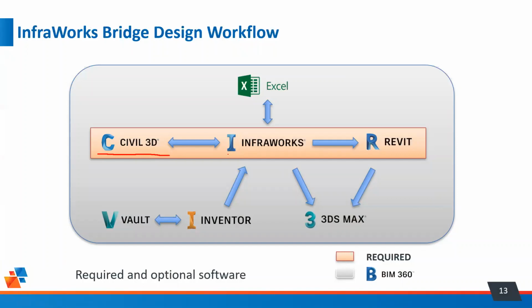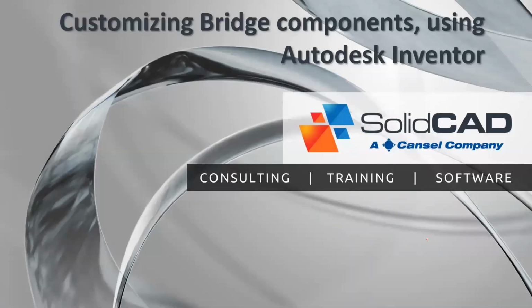Then we took a look at the InfraWorks capability, as well as sending out some information to Excel for easy editing, and sending information out to a rendering engine for higher quality renders. So next, we'll take a look at the Inventor portion and bringing in custom bridge components. And Michelle's going to cover that topic for us.